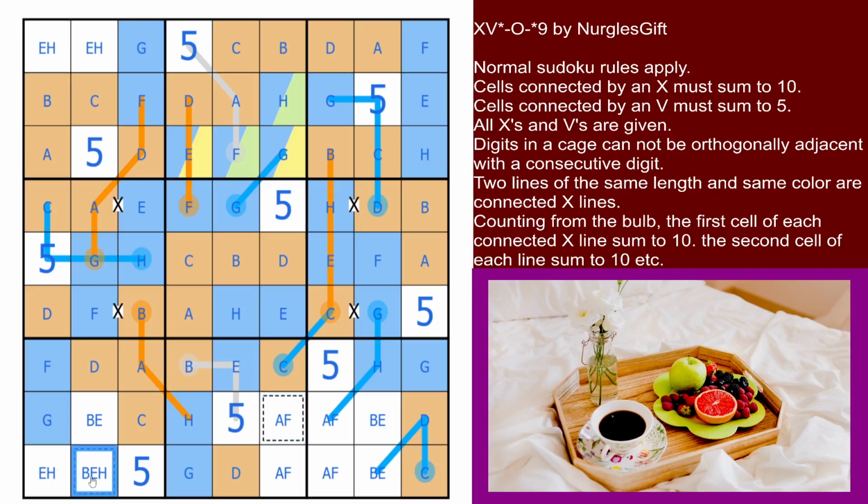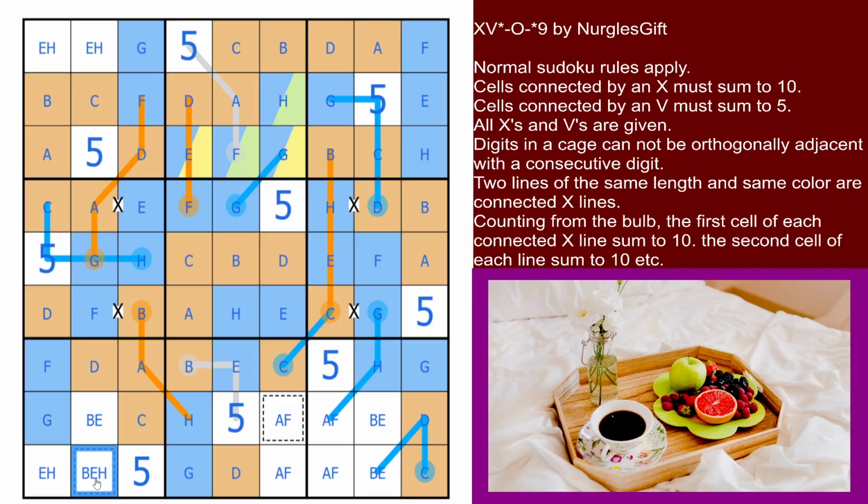B, E, H. This is still even three letters. B, E, H. So this is B by bug. E, H, B. No, this is H. No, by bug this is E. Yeah, by B U G this is E.